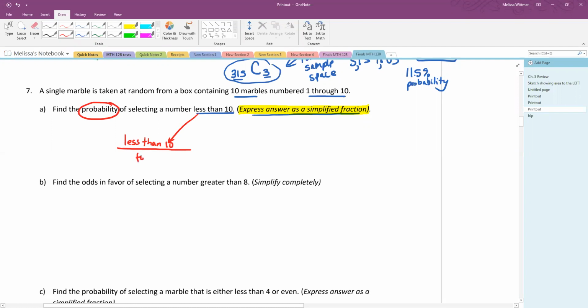And on the bottom is total events, and we could divide those. In this situation, we have 10 marbles numbered 1 through 10. Less than 10 would be 1, 2, 3, 4, 5, 6, 7, 8, and 9. So there's 9 choices out of 10 total, and then 9/10 is already simplified.